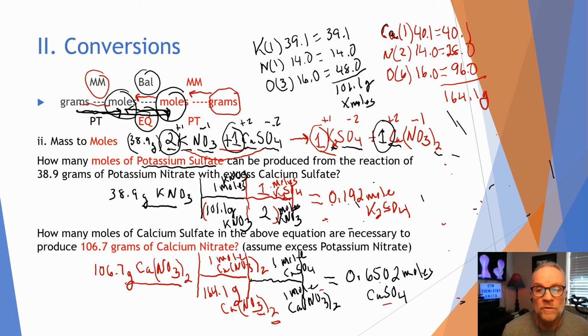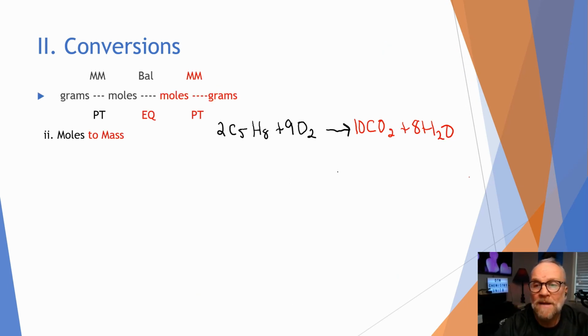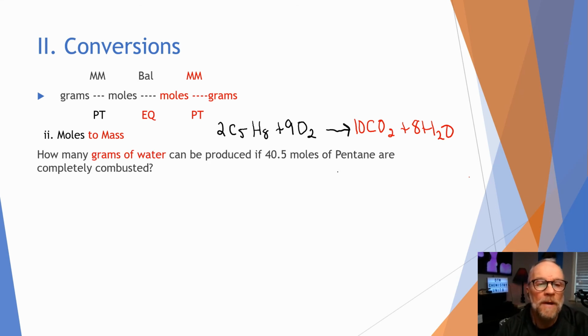You'll find that those are, again, two-step problems, but they start off with a mole-to-mole conversion and then moles back to grams. Okay, so now we have some more problems, and we have moles to mass types of problems. And this one, we are solving for grams of water that are produced when 40.5 moles of pentane are completely combusted.